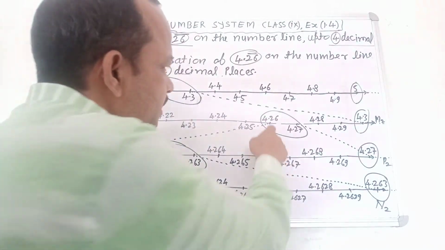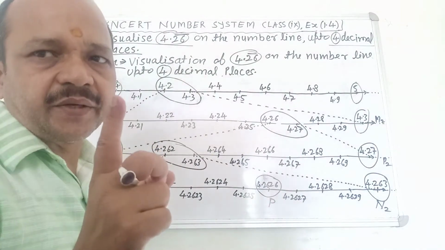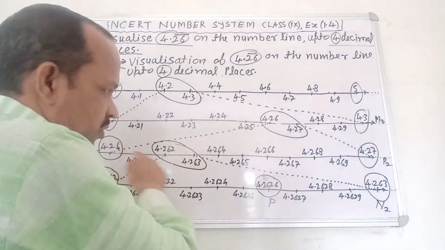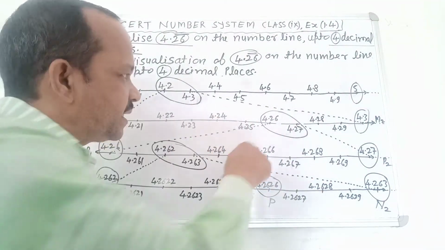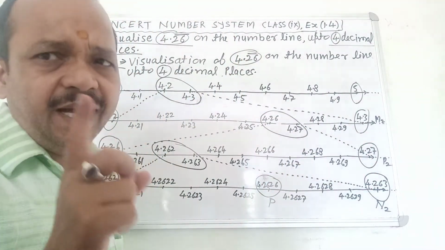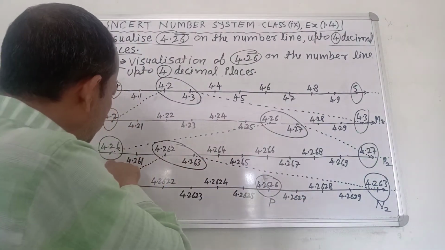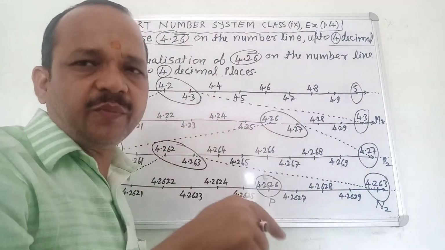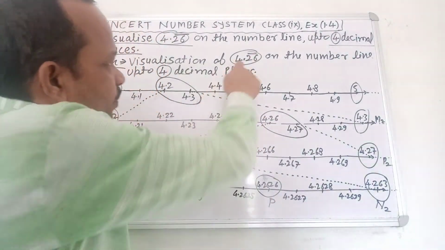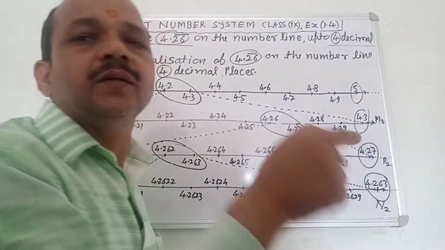So you write 4.26 and 4.27 on the number line. You draw another number line and write 4.26 here and 4.27 here. Now you divide the distance between 4.26 and 4.27 into 10 equal parts, because 4.26 bar is between 4.26 and 4.27.